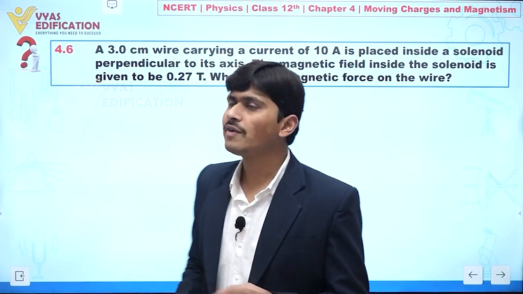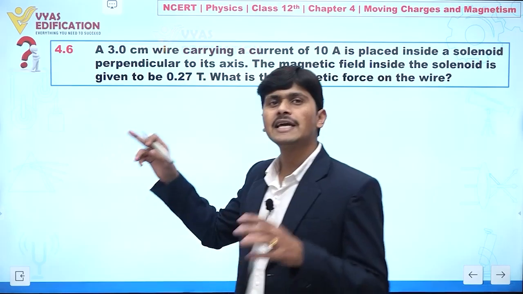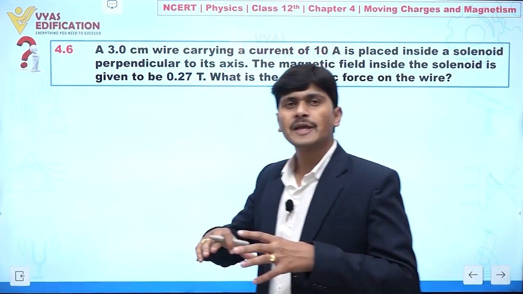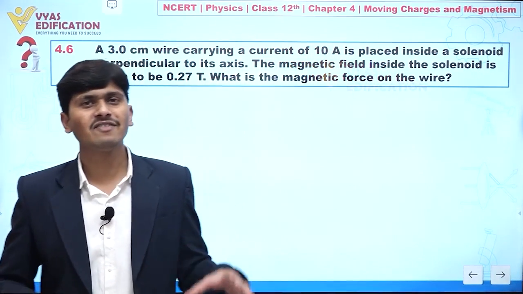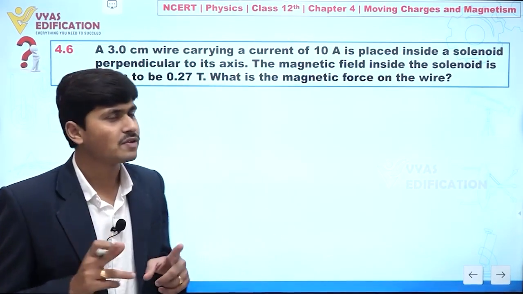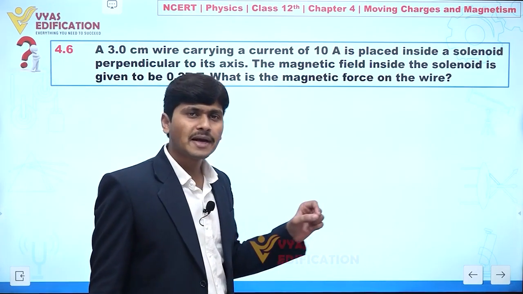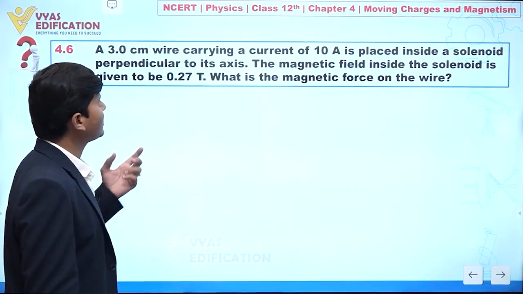Clear? So now we are placing a current carrying wire of length 3 cm in a solenoid. It means the wire is placed in a magnetic field, so definitely it will feel a force.